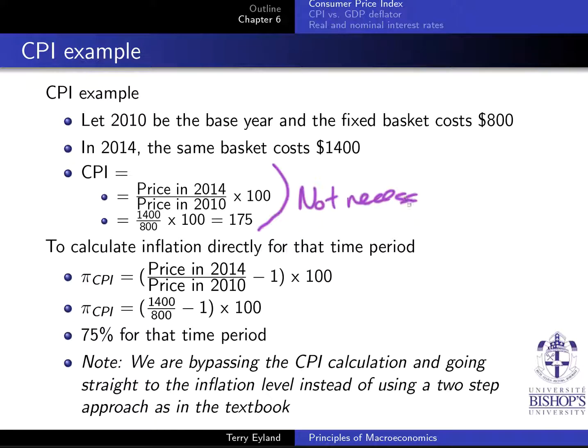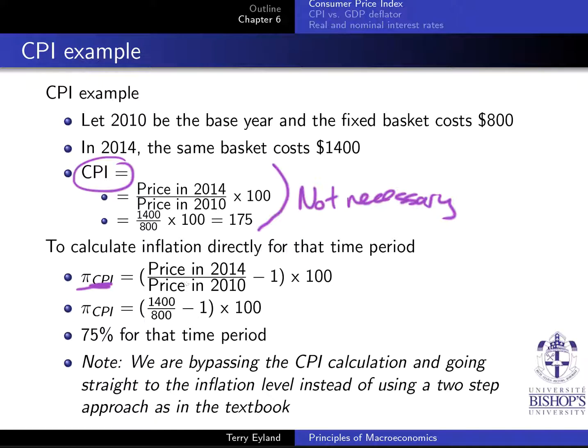Like for the GDP deflator, this kind of intermediate process is good to calculate CPI or GDP deflator, and then through a second step you could calculate the inflation, but I'm really just interested in the inflation using the CPI approach. So it's putting the newest year over the base year that you're interested in, minus 1, times 100. The same kind of process as with the GDP deflator.